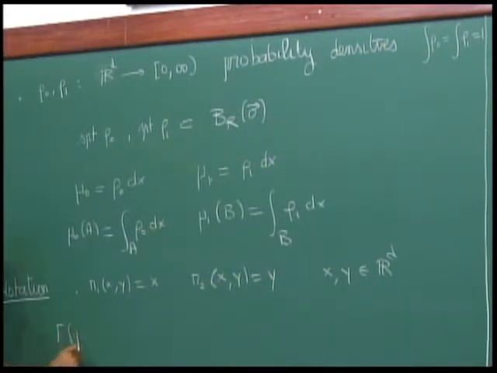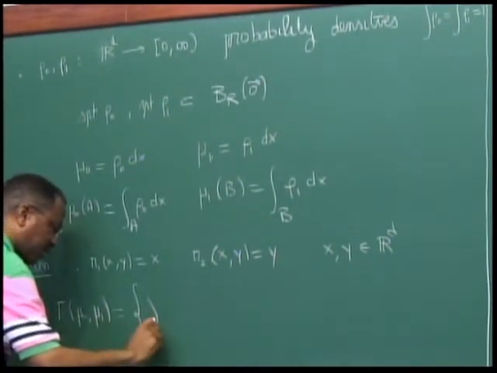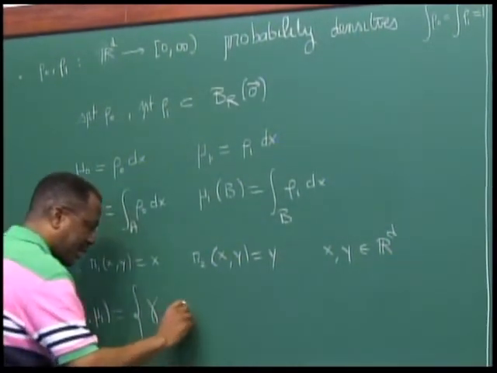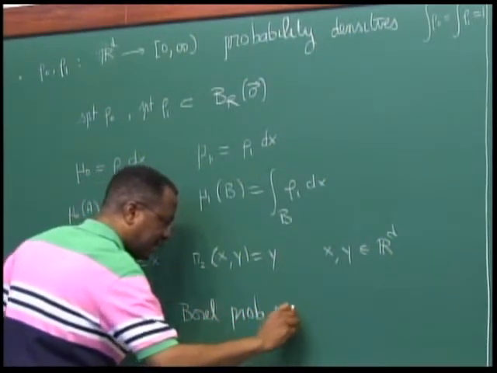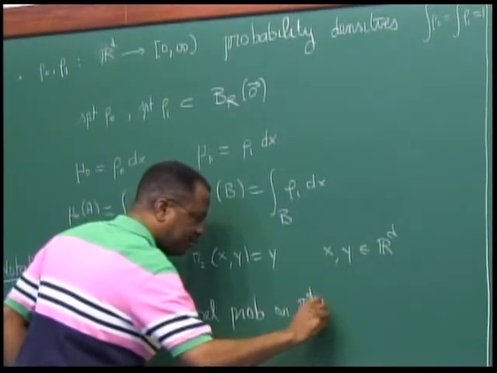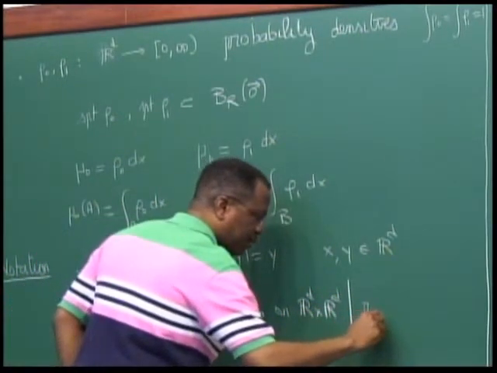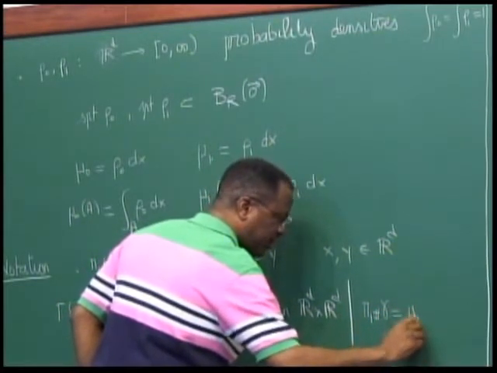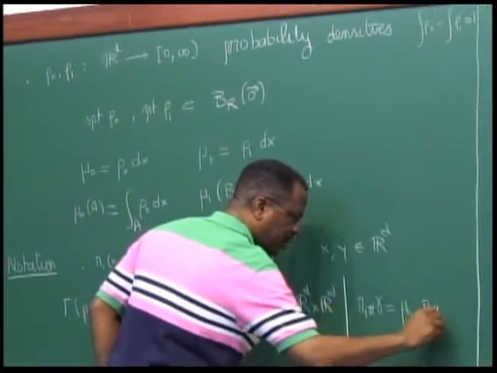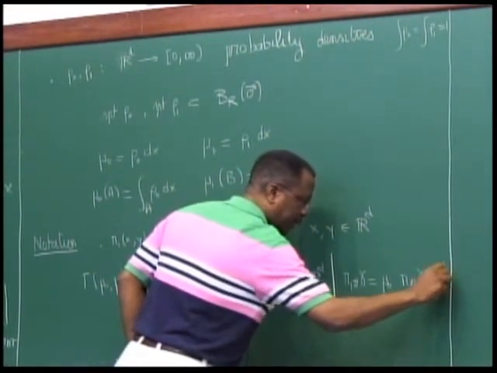Gamma of mu naught, mu 1 is the set of gamma Borel probability on R^D cross R^D such that the push forward of gamma by pi 1 is mu naught, and the push forward of gamma by pi 2 is mu 1.